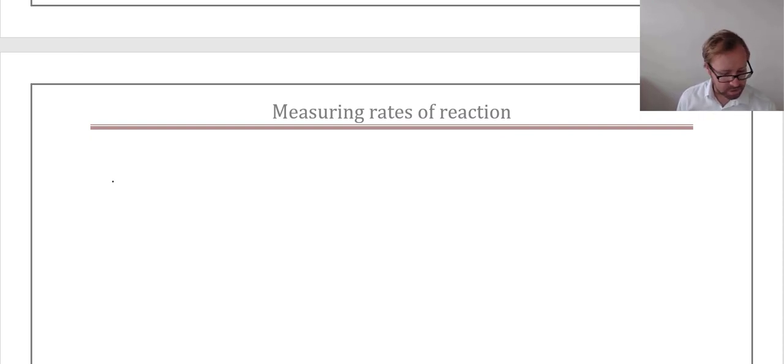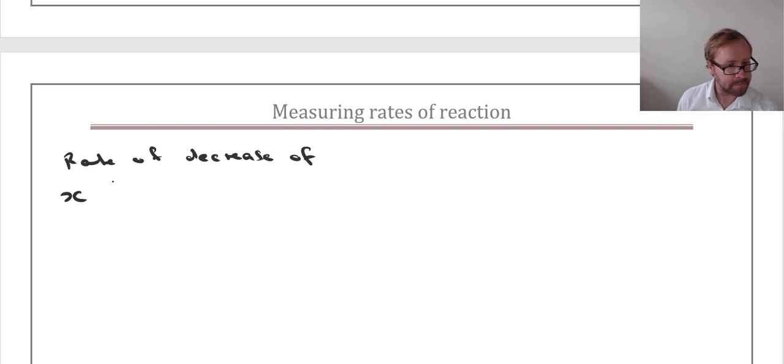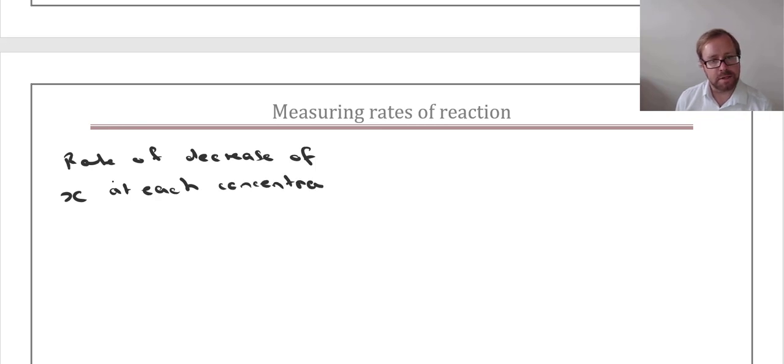So we can measure the rate of decrease of X at each concentration. And it will become apparent why this is important once we've done this calculation.